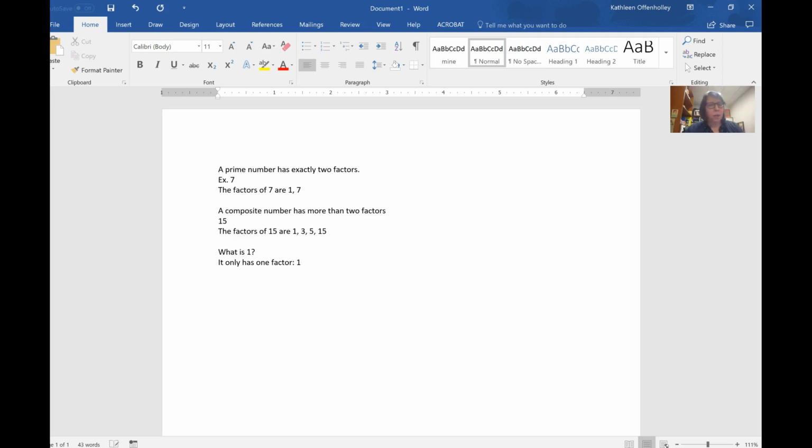And so then is it prime? Nope. Prime has 2 factors. Is it composite? Nope. A composite number has more than 2 factors. So 1 is not prime and not composite. There you go. It's a special case. That's what they meant by a special case.